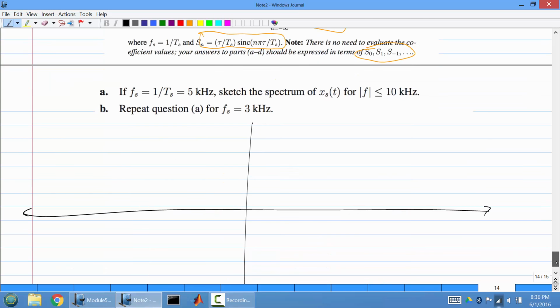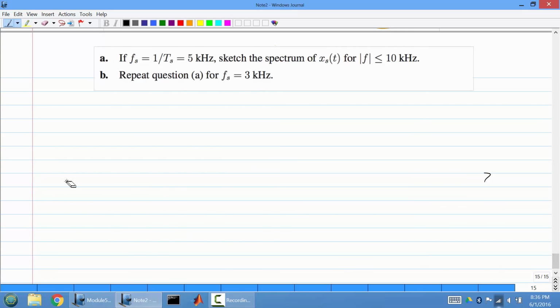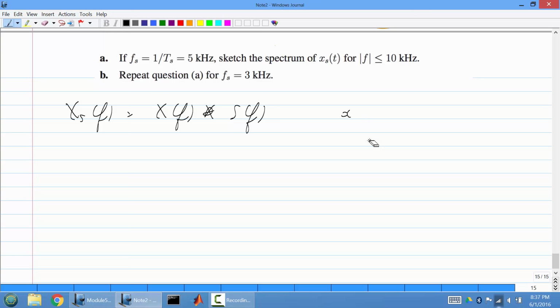Before I do this, if you remember, the sampled spectrum is simply the convolution of the original spectrum with the sampling one. Because this comes from the time domain, where if you multiply the two signals together, the Fourier transform is simply the convolution.